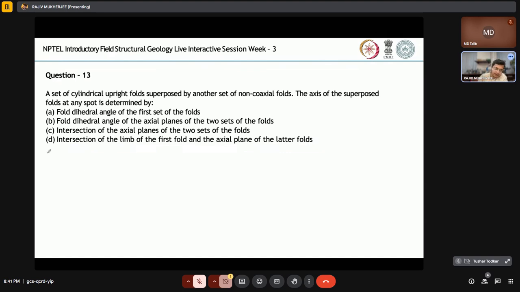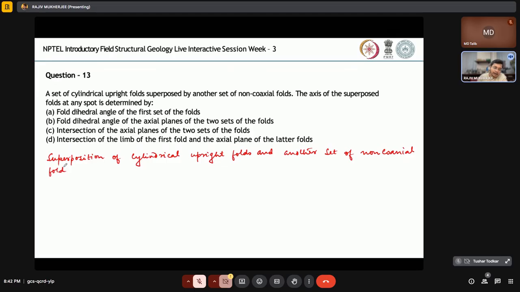Now, superposition of cylindrical upright folds and another set of non-coaxial folds will lead to type 2 superposition.